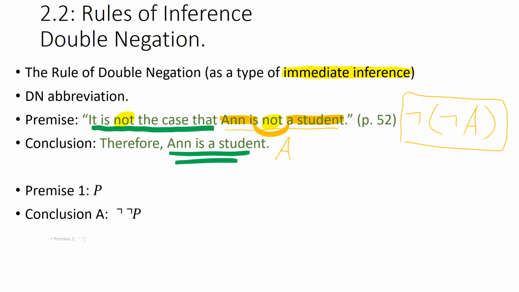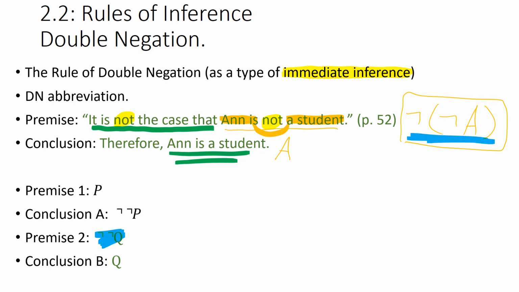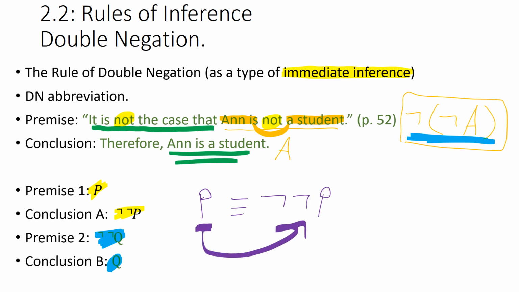Let's take a look at these premises and conclusions. So clearly, premise 2, we have not not Q. That's the same exact form as this not not A. And obviously from not not Q, we can get a Q. That's the conclusion. Similarly, if we think about the first premise, P, we can get not not P. In other words, we could say that P is equivalent to not not P. From this left-hand side P, you can arrive at this right-hand side, not not P. Or the other way around.